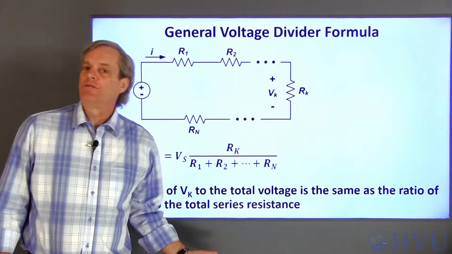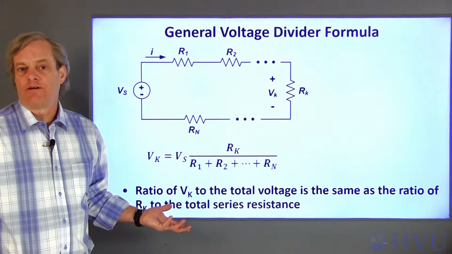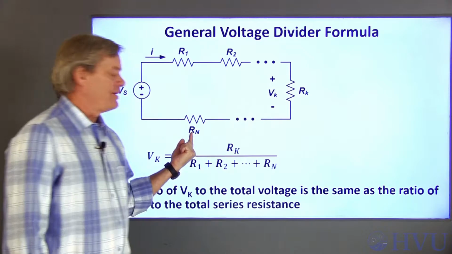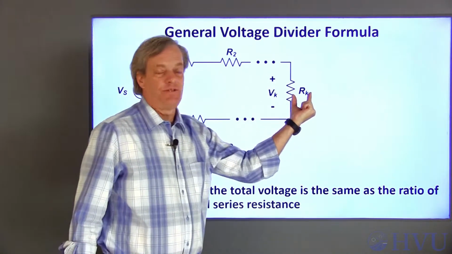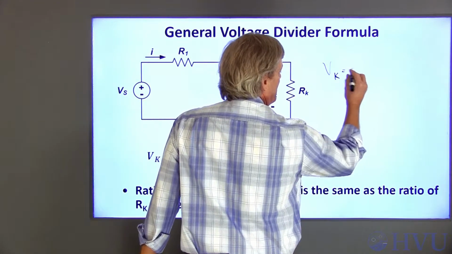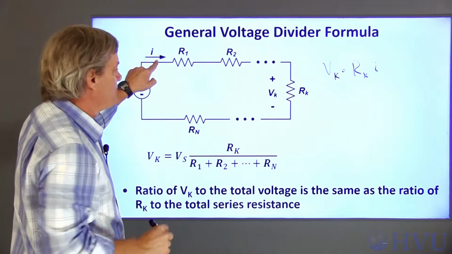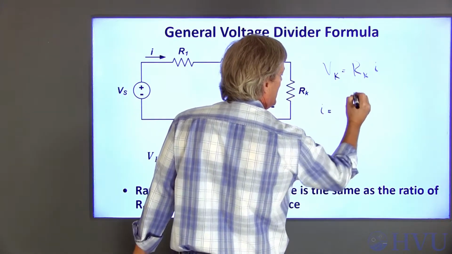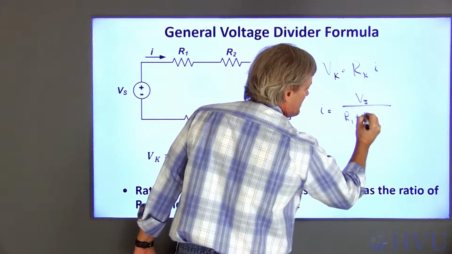Finally, before we do some examples on how to use our voltage divider formula, let's look at a general voltage divider formula. Suppose we have n resistors in series, R1, R2, on up to Rn. We want to find the voltage Vk across the kth resistor Rk. So, by Ohm's law, Vk is equal to Rk times the current I. All of these are in series, so from our previous series resistance example, I is equal to the voltage Vs over the sum of the resistances.